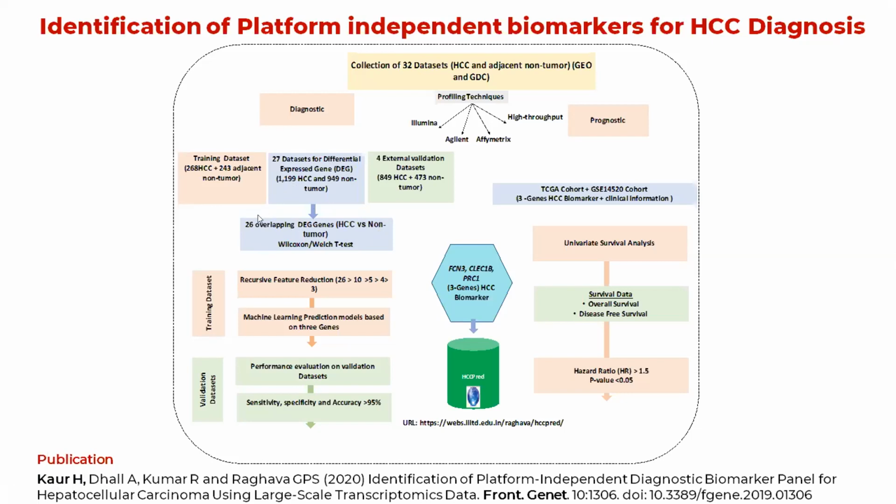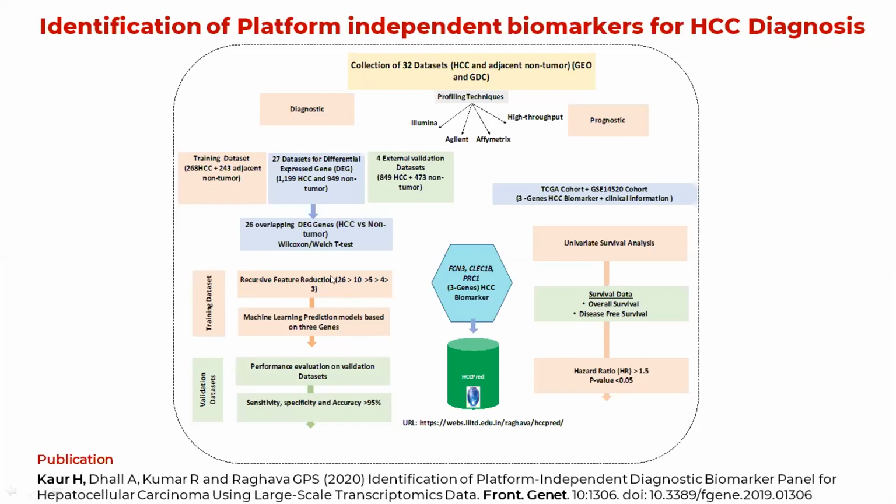Then to develop a prediction model, or to confirm the prediction power of these genes, we have kept a training dataset where we have nearly 250 HCC samples and 250 normal samples. On the training dataset, out of these 26 genes, we have applied various feature selection approaches, including the recursive feature reduction approach, where genes are eliminated one by one if their deletion does not affect the performance of a particular prediction model.